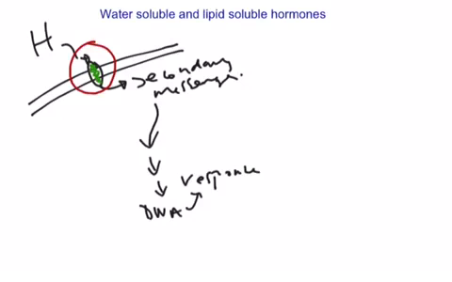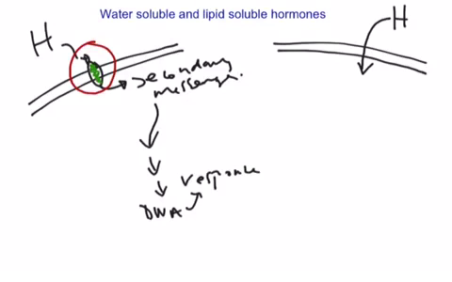Alternatively, a lipid-soluble hormone, such as a steroid hormone, is capable of dissolving in the phospholipid membrane, and should be able to pass through. So in this case, the hormone will pass through the membrane and will then interact with a receptor on the other side of the membrane, and this in turn will set off a series of reactions, a signal cascade, that likewise will interact with DNA to bring about a response.